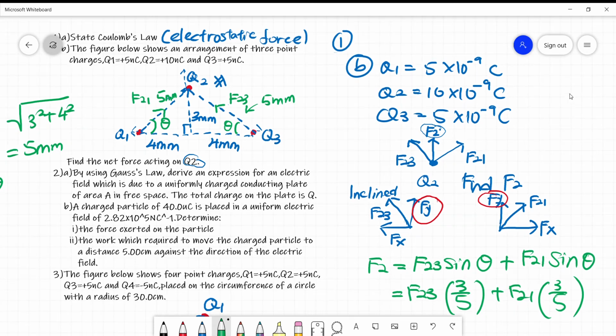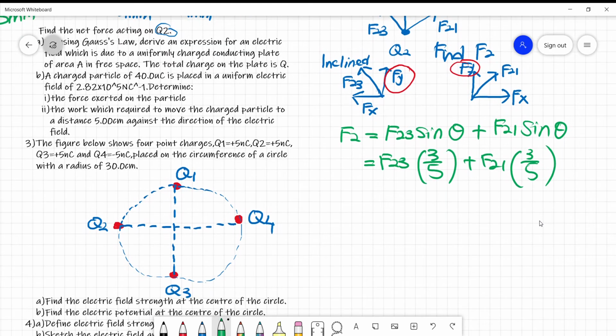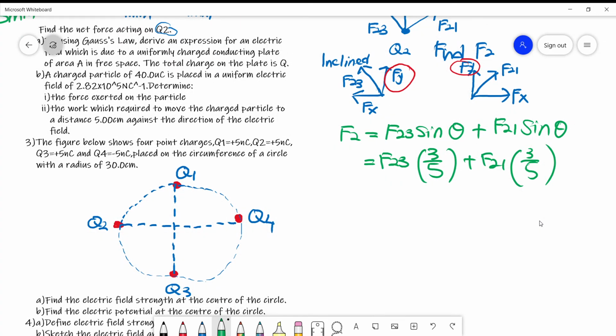Let me just calculate in another equation. This is F23, or F21. So k Q1 Q, not Q1, sorry. This is Q2, the main focus is on Q2.